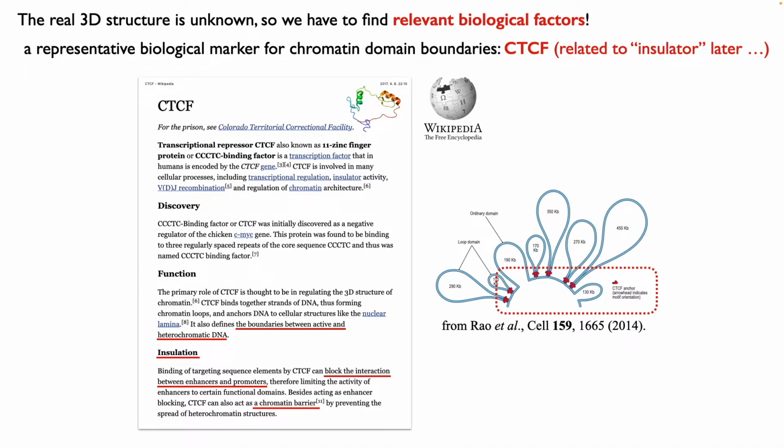And unlike the polymer model system, the real 3D structure of the chromatin interactions is not known. That is what we want to know. So we have to rely on relevant biological factors for verification, of course. And the first signal is this well-known biological marker called CTCF, which is supposedly enriched near the chromatin domain boundaries.